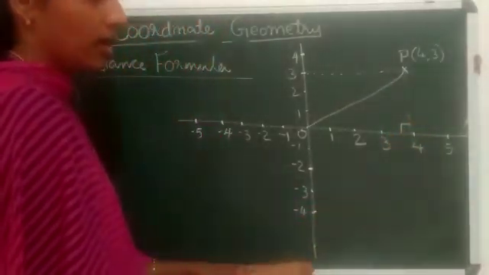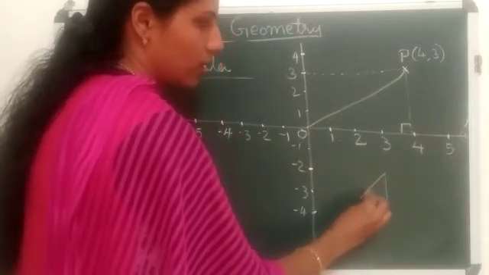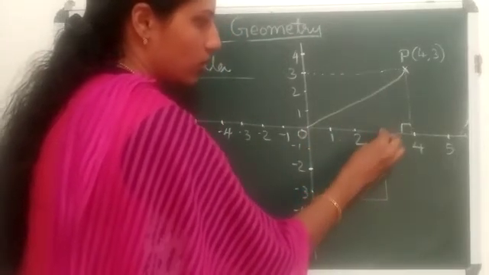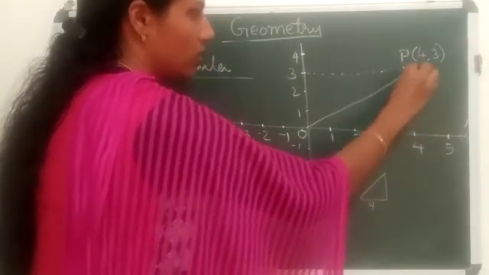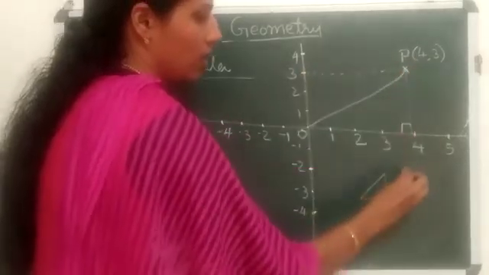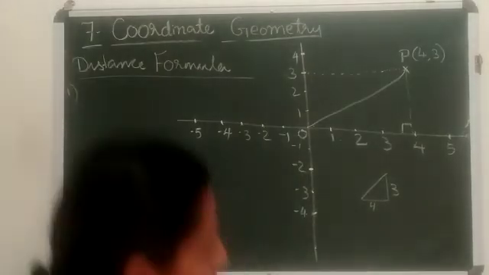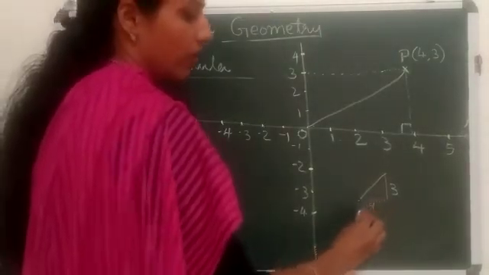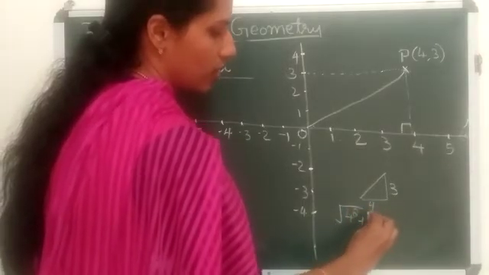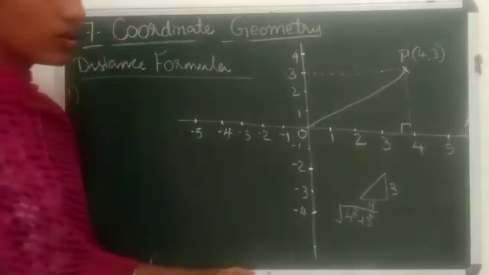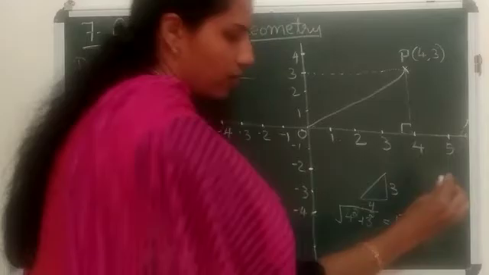It is 90 degrees. The base is 1, 2, 3, 4, so this is 4, and the altitude is 1, 2, 3, so the distance is 3. This is the hypotenuse. Since this is a right angle triangle, we can use the Pythagoras theorem. Hypotenuse is square root of base square plus altitude square, that is 4 square plus 3 square, equal to square root of 25, equal to 5.